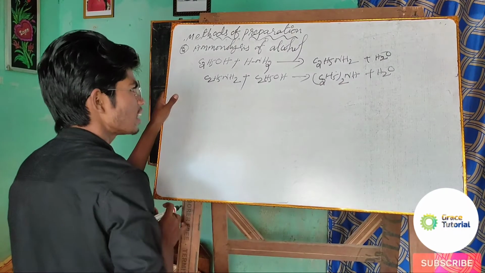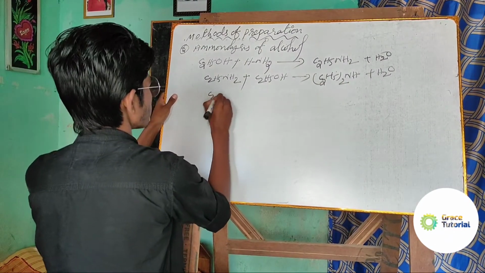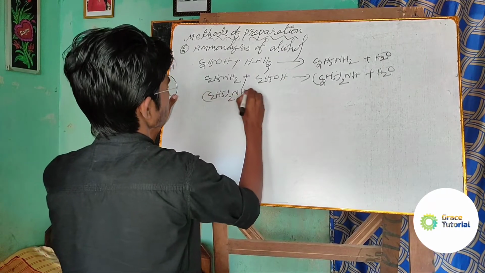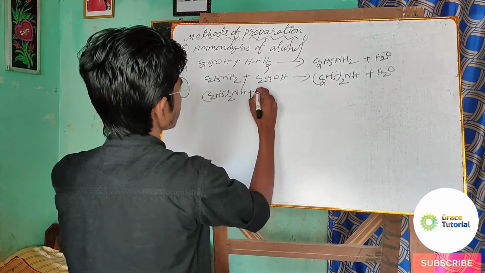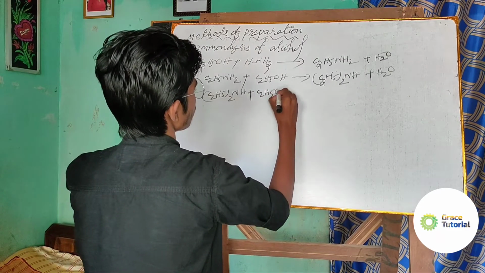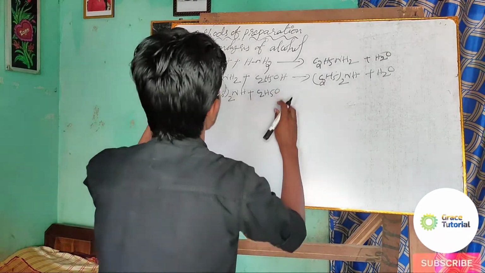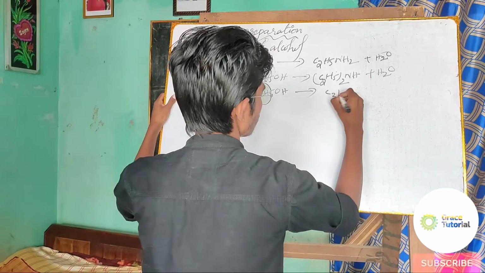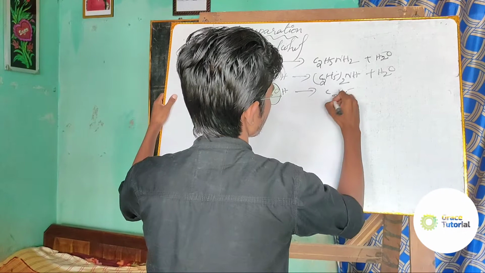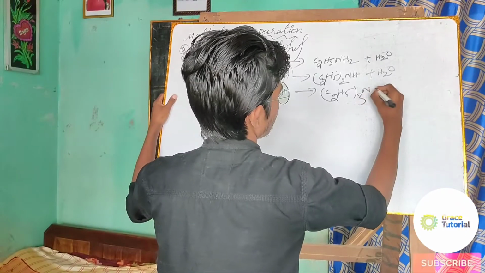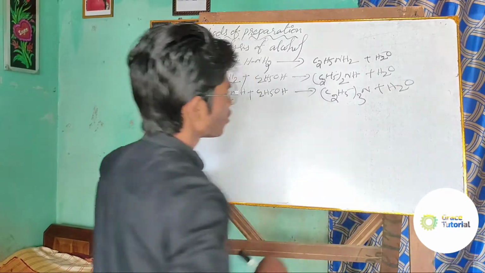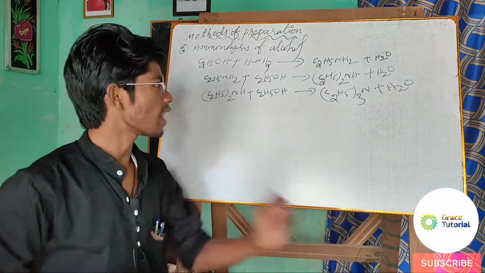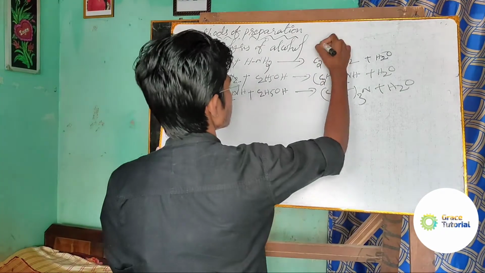Again this diethylamine, (C2H5)2NH, reacts with C2H5OH to give (C2H5)3N plus water. This is triethylamine obtained. So the propagation goes on like that, and this method is called the Sabatier method.